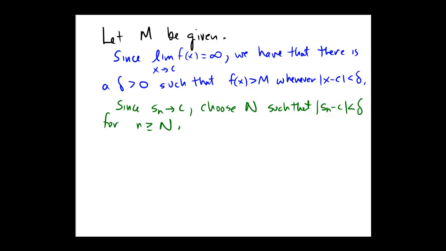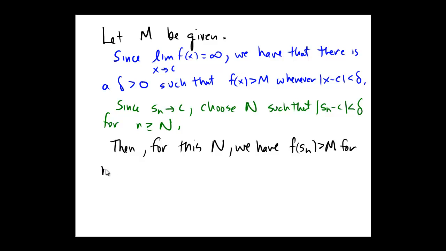So what is the ending part? Well, for this same N we have that f of Sn is bigger than m for n bigger than or equal to N. Because if we look back, we have that the absolute value of Sn minus C is less than delta, and whenever the absolute value of x minus c is less than delta, we know that f of x is bigger than m.